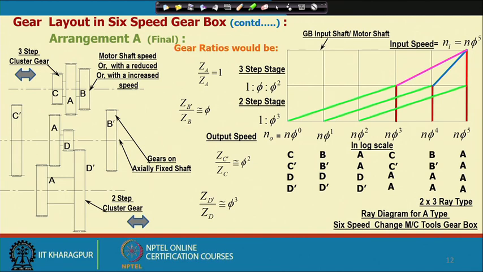I have shown in case of gear sets B B dash, C C dash and D D dash, this is approximately equal to. The reason is that the tooth number should be a whole number, and it is rare that we will get the exact ratio. So, that can be understood from a practical example.